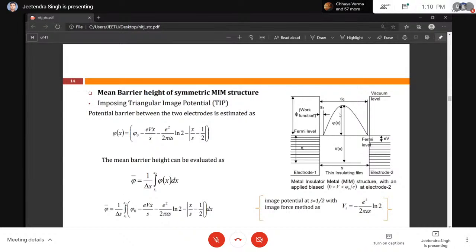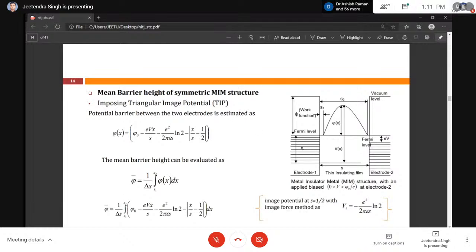We compare the results of these image potentials with the experimental data, and whichever best matches the experimental data is the best result for us.